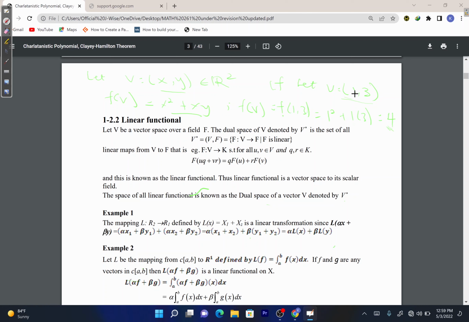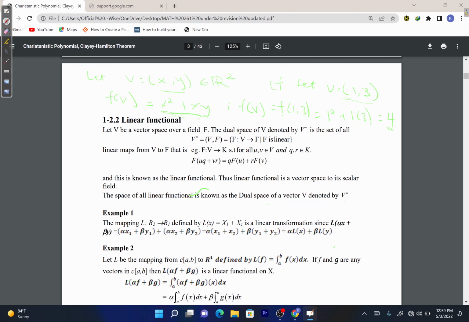Okay, v is a vector, and when it's defined by x squared plus xy, that's a vector of 2 dimensions, right? So when we substitute the elements in v, that's (1, 3), into this operator, x squared plus xy, we have 4, and we know that 4 is a scalar. So we can conclude that f is a linear functional.